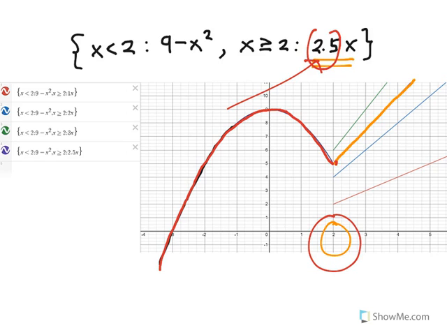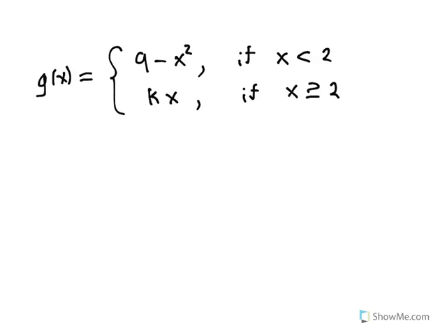So I wanted to have you see this visually first before we look at it using the definition of continuity. So we expect that when k is equal to 2.5, the function g of x will be continuous at the transition point x equal to 2.